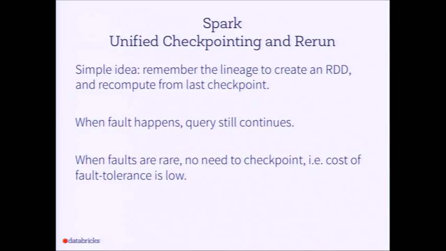So when a fault happens, you just go back and rerun. But when faults are rare, you essentially never checkpoint, which means there's no cost of doing that checkpointing. But if faults are frequent, you employ checkpointing, and then you actually go back to the MR model, which is slower, but you could always complete.